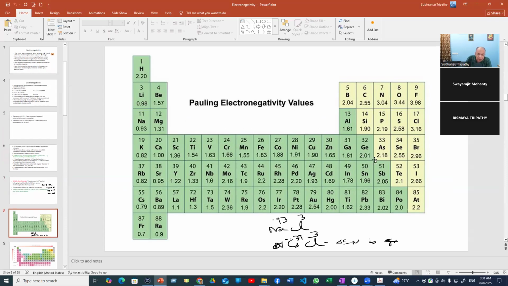But here, after gallium and germanium, germanium is a semi-metal or a metalloid, and silicon is a metalloid, boron is a metalloid. Gallium is not a metalloid, so it's a metal.